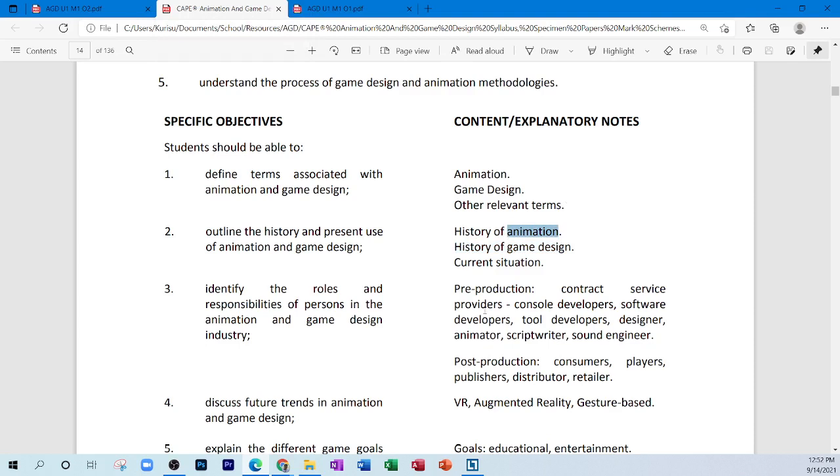What is animation? Once again, in a nutshell, what is animation? The bringing together of a large number of images to create a motion or movement sequence. Good. Very good.